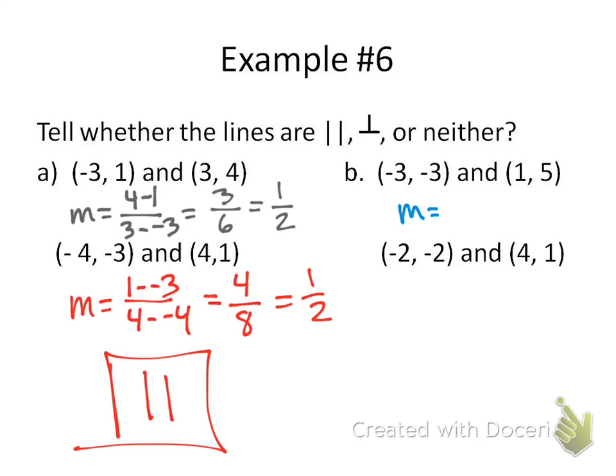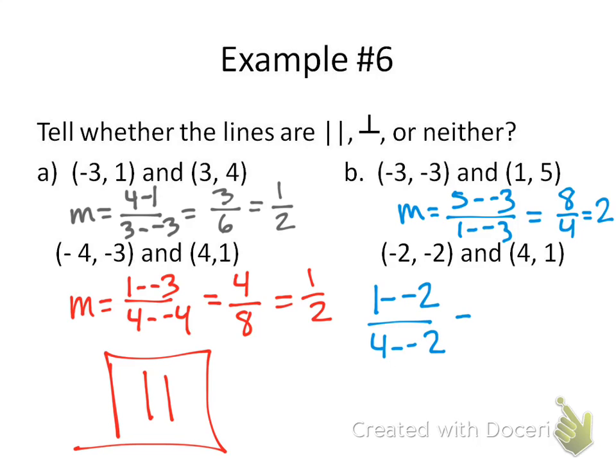Same thing over here. We're going to find the slope. Do your change in y over your change in x. I'm coming up with 2. Change in y on the bottom one. Change in x.